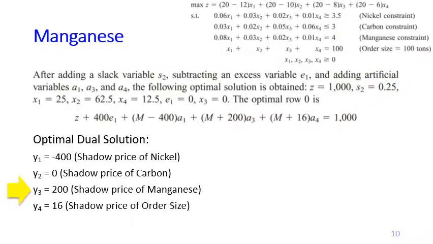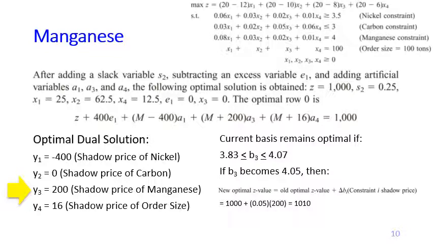For the manganese constraint, the current basis remains optimal if B3 is between these values. So suppose we increase the manganese constraint from 4 up to 4.5, then we may recompute the new Z value, and we obtain that this increase causes the Z value to increase to become 1010.